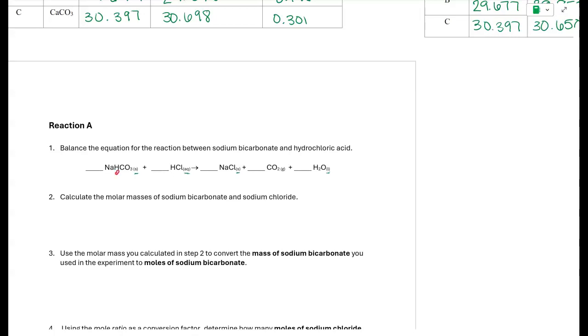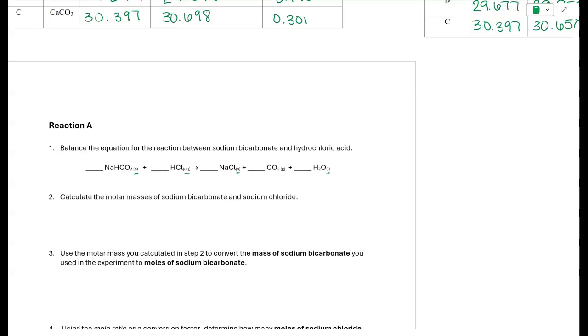We have 1 hydrogen, 2 hydrogens, and we have 2 hydrogens here. And then we have 1 carbon, and we see 1 carbon. And then we have 3 oxygens, and we've got 2 plus 1, so that's 3. So this reaction is actually balanced as is, so we don't have to add any coefficients. You could put 1s on those blank lines or just leave them as is.